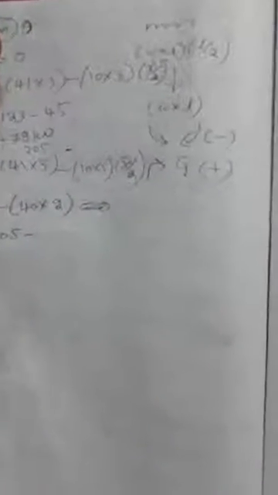Let's check the value. That is 41 into 5, 205, minus 10 into 5, 50, and 50 into 2.5, 125, minus 80.